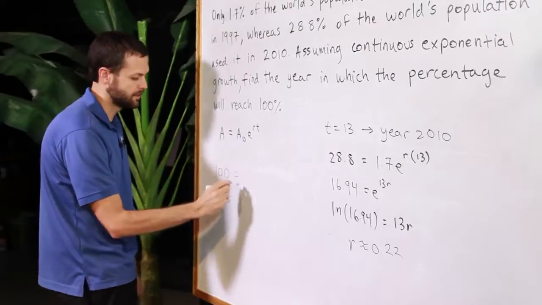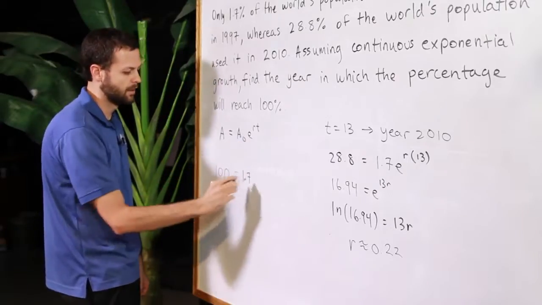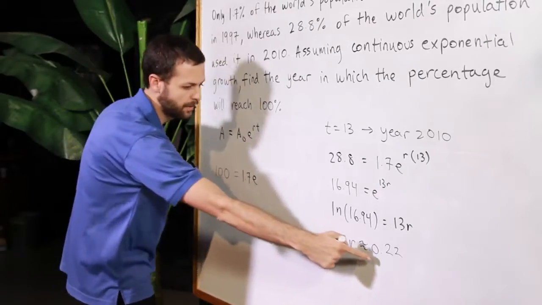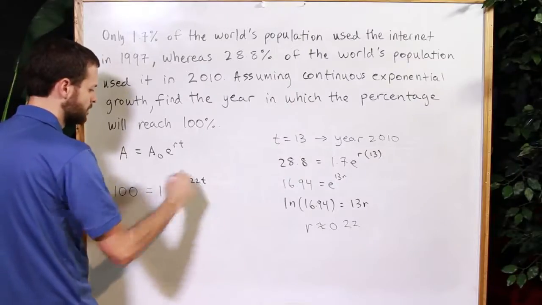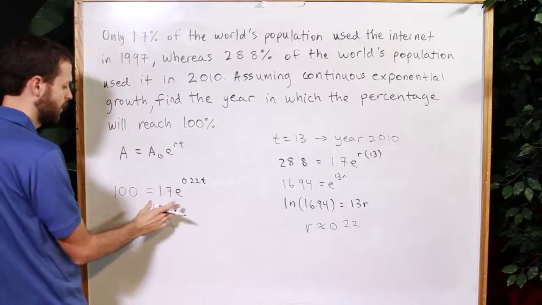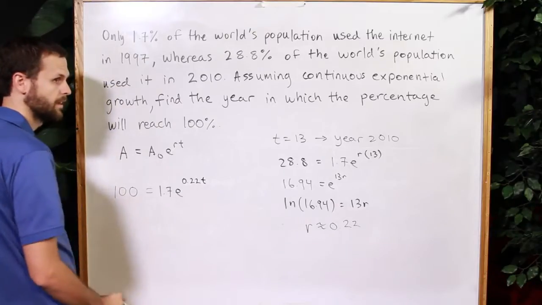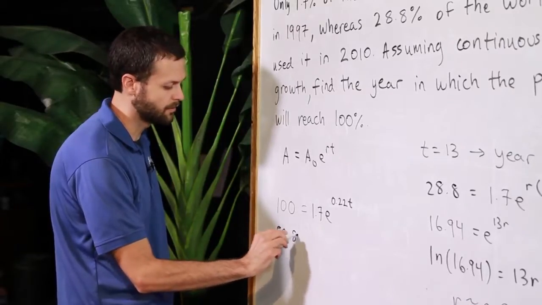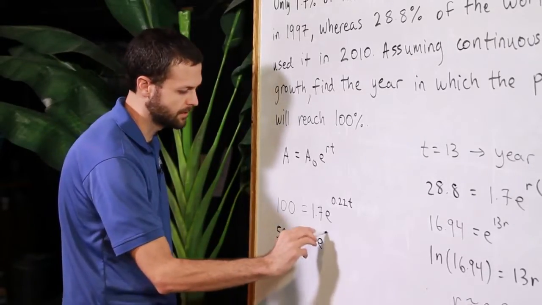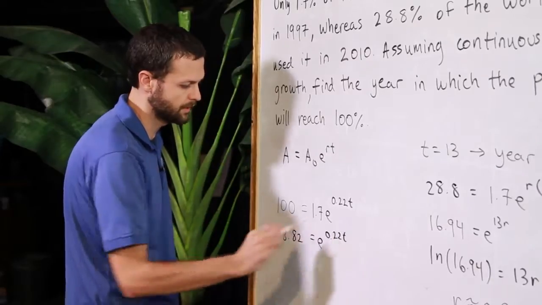The initial population is still 1.7. We have e to the r. R we now know is 0.22. And we want to solve for this value t. First of all, I need to divide both sides by 1.7. We get about 58.82 equals e to the 0.22t.